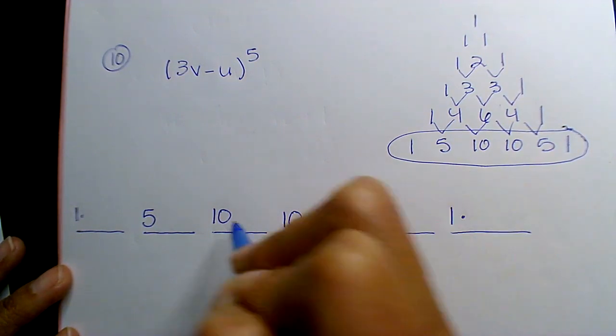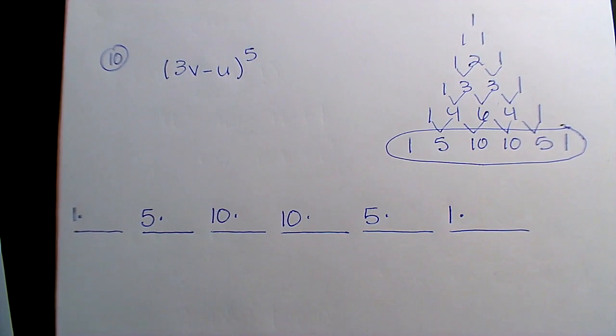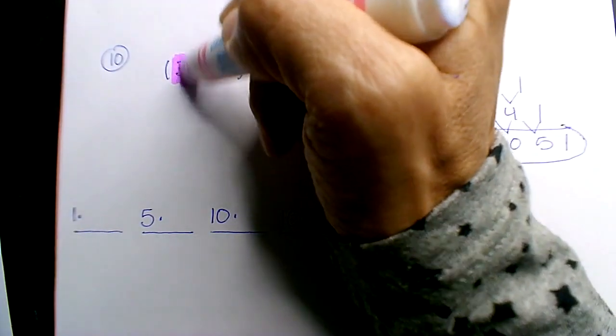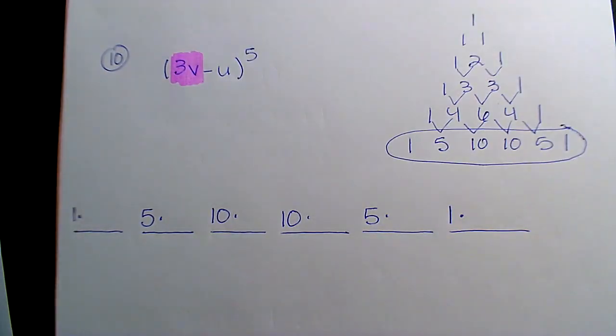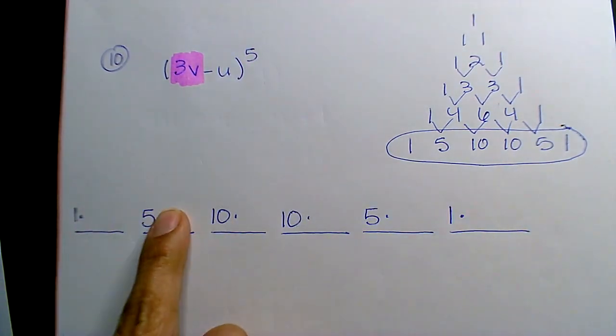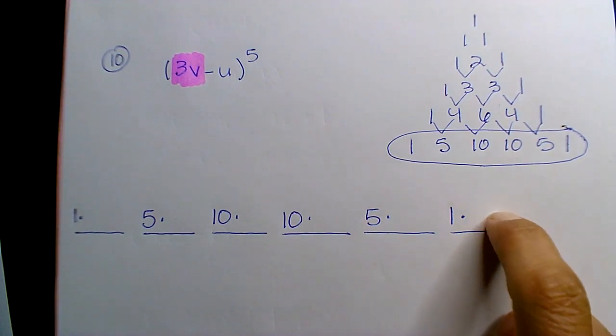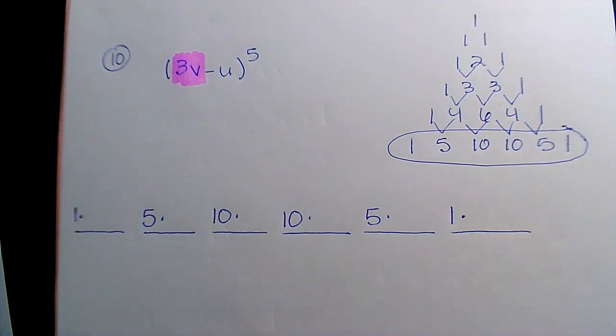And then next to it, the next 2 are going to be a multiplication of whatever A and B are. Take your A, it's 3v. 3v is going to decrease. I'm going to start at 5 and go 5, 4, 3, 2, 1, and you could either write the 0 or just leave it off completely.